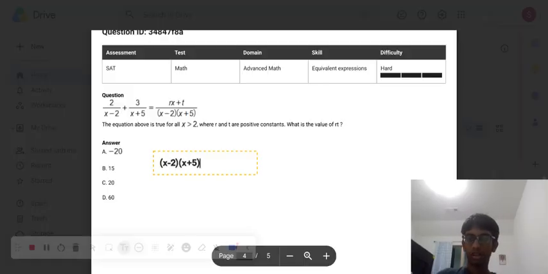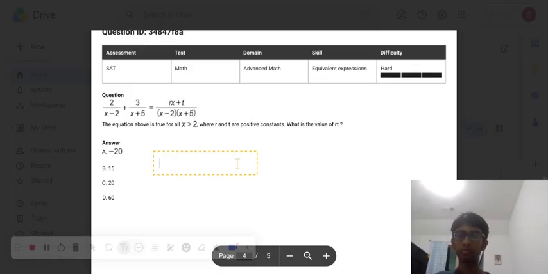This makes sense because if x is greater than 2, neither of these terms will be equal to 0. As long as x is greater than negative 5, the x plus 5 term will never be 0, and as long as x is greater than 2, the x minus 2 term will always be greater than 0.